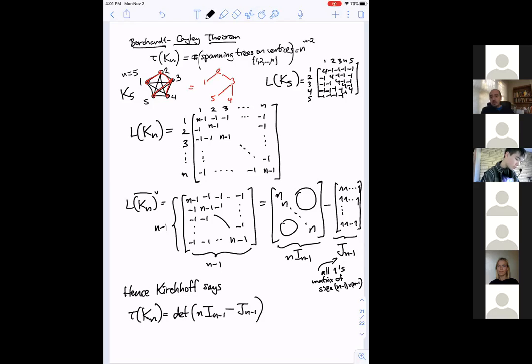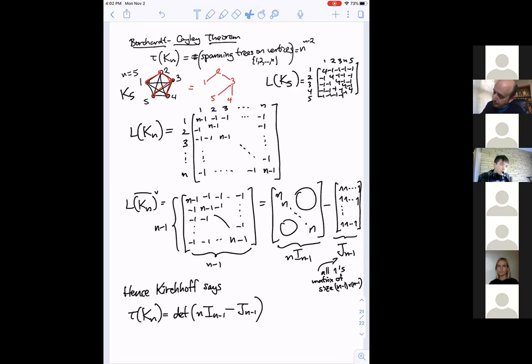And now I'm just going to show you some eigenvalues and eigenvectors, enough of them that you'll believe it. I'm going to show you a whole bunch of eigenvectors that have eigenvalue n.